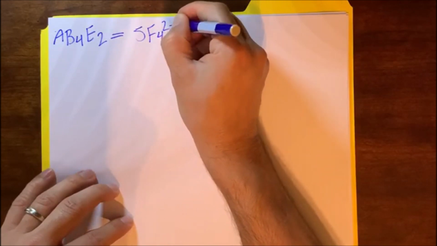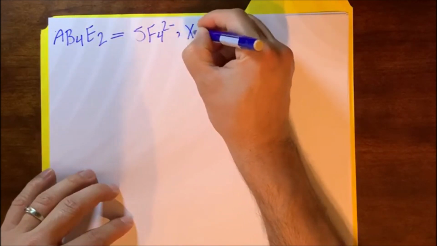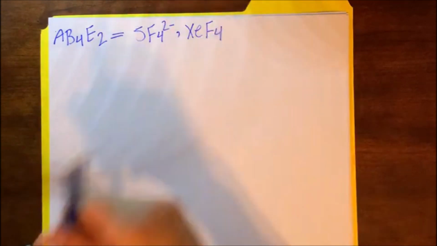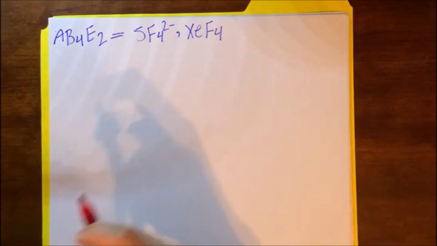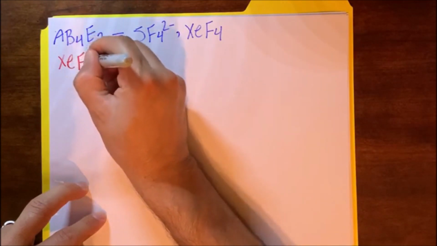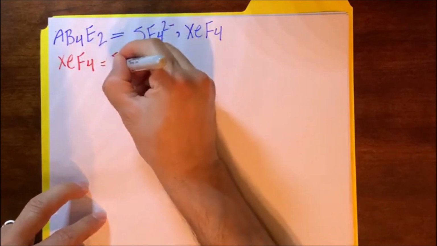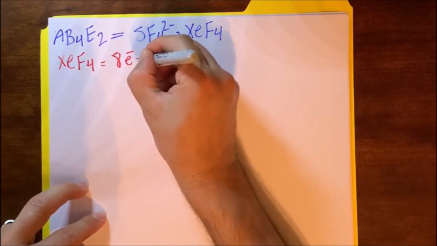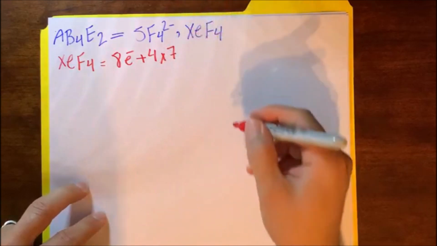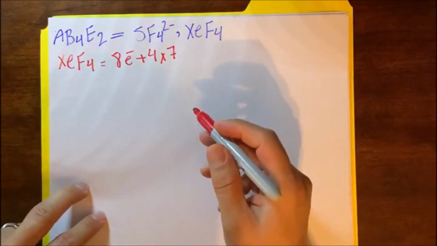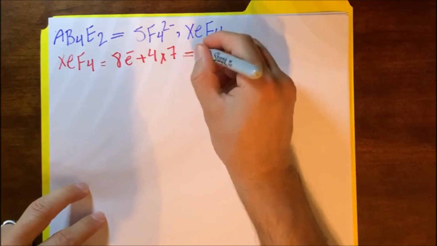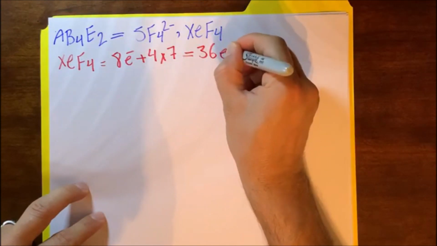Okay. An example for it, you can go with SF4 minus 2 or xenon F4. Okay. Xenon F4, you have 8 electrons for xenon plus 4 multiply 7, so 28, and 8 there, you get 36 electrons.